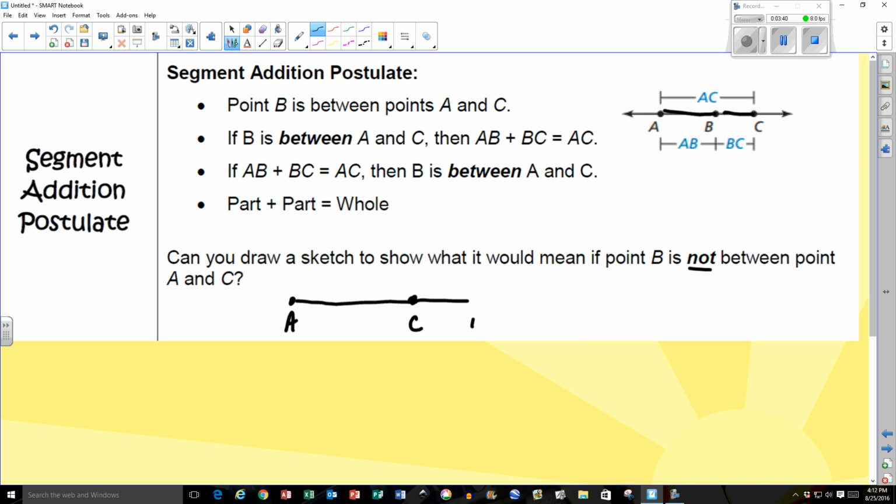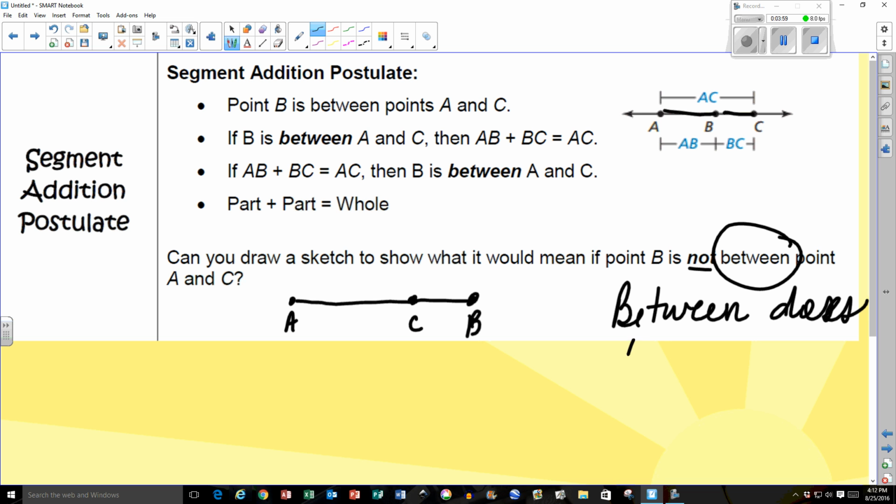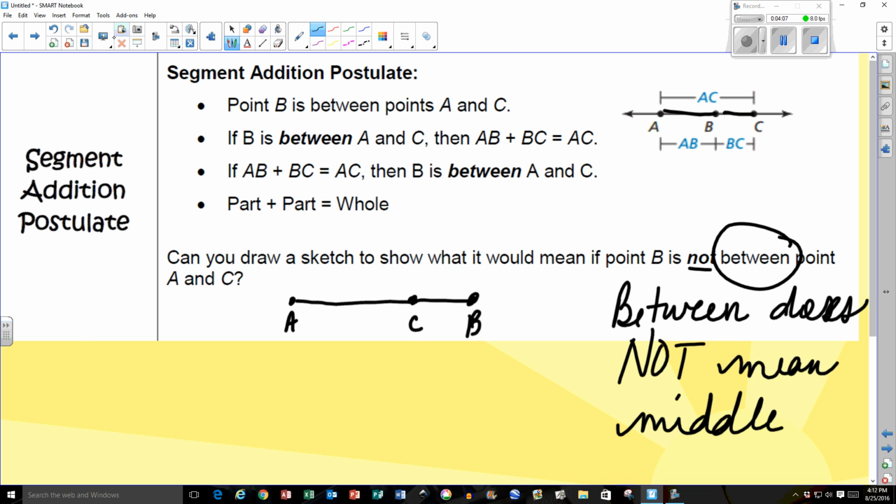So here's point B. So point B is not between. In between, the word between does not mean middle. And I don't know why it's writing with an eraser, but okay, whatever.